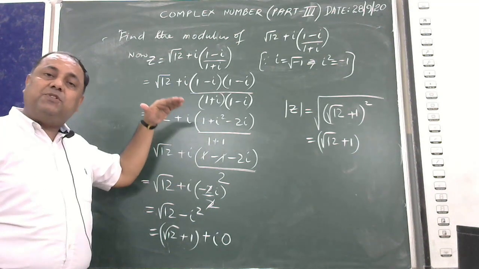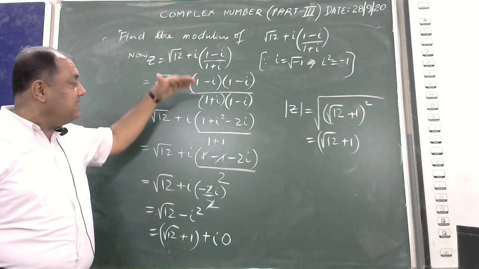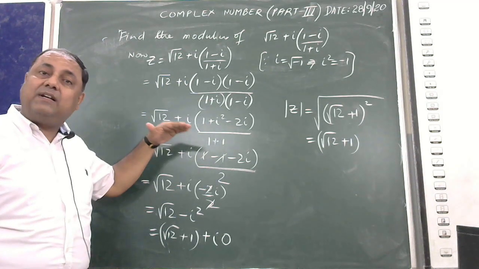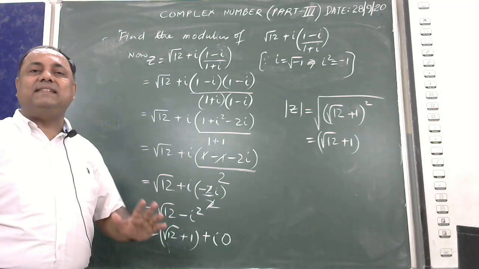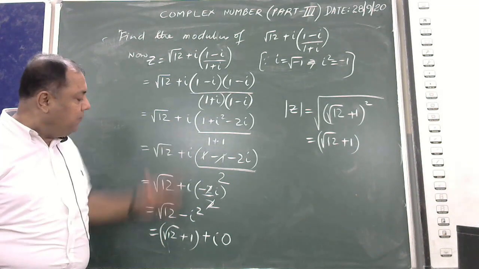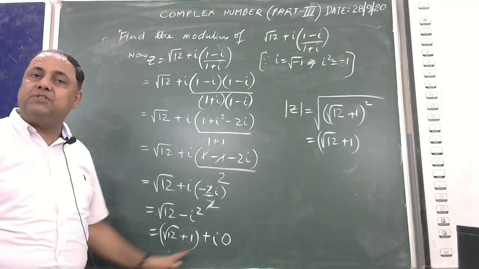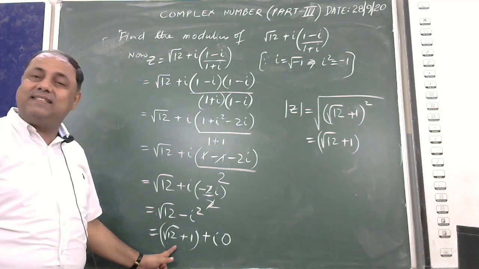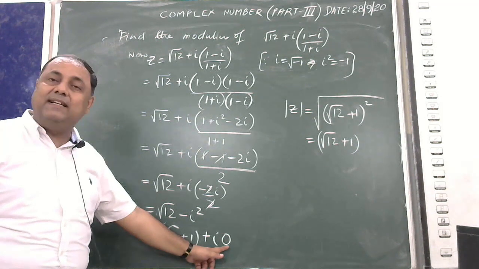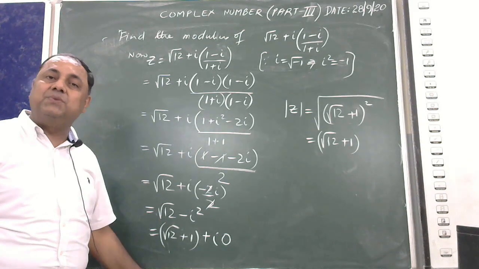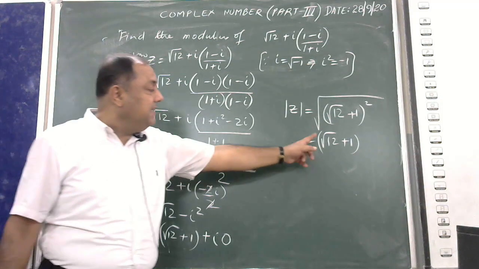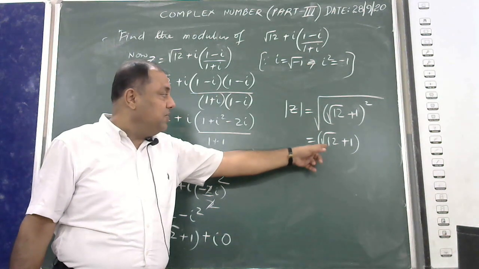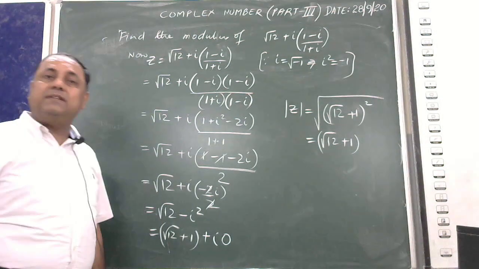Your mathematics and your concept should be such that each step is clear to you. You should be thorough with it. This is real, and its modulus is root 12 plus 1.